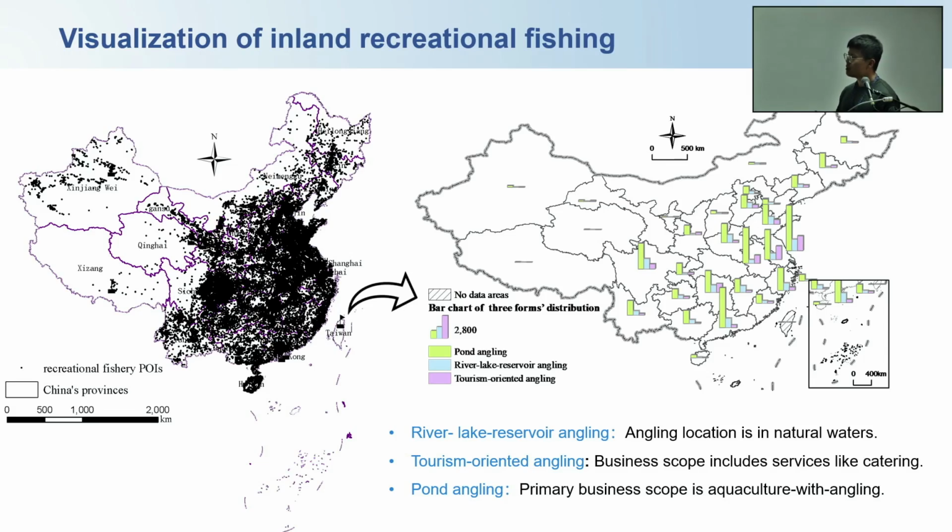When the business scope of the fishing spot includes services like accommodation and catering, we classify it as tourism-oriented angling. As for pond angling, when the fishing point's primary business scope is agriculture with angling, we regard it as pond angling.